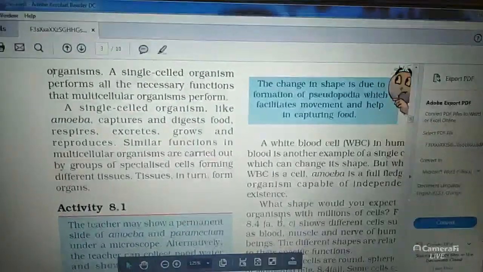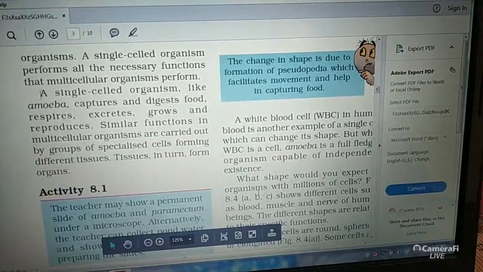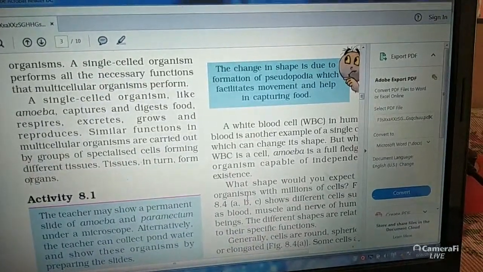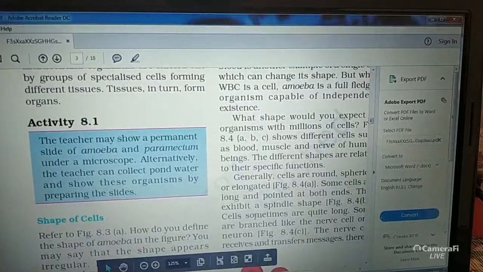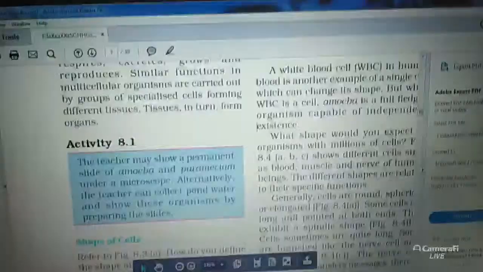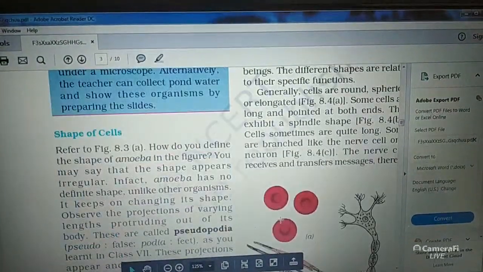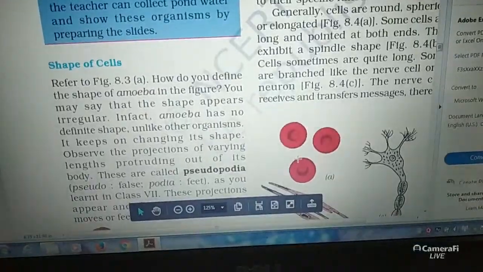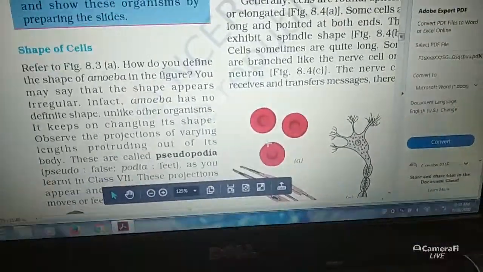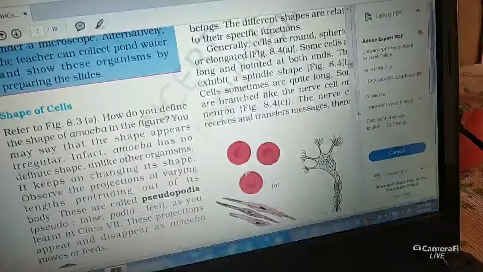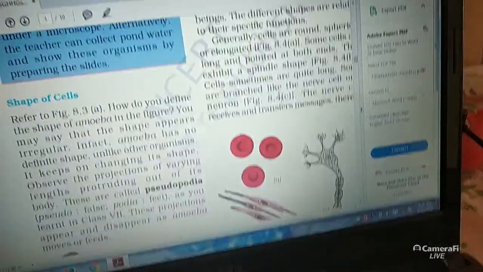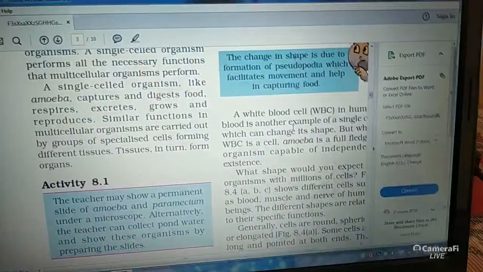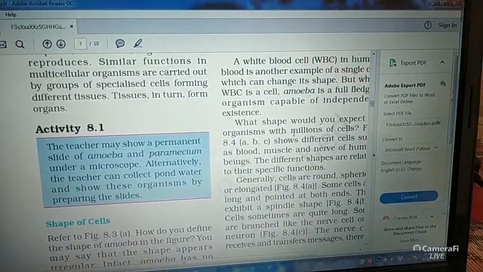Now I am coming to the shapes of different cells. You can see the shapes of the cells are different according to their function. Here the red colored cells are the red blood cells, and stretched cells are nerve cells.